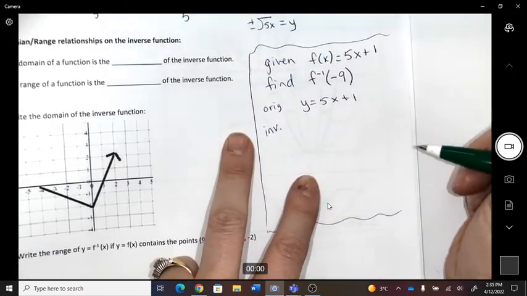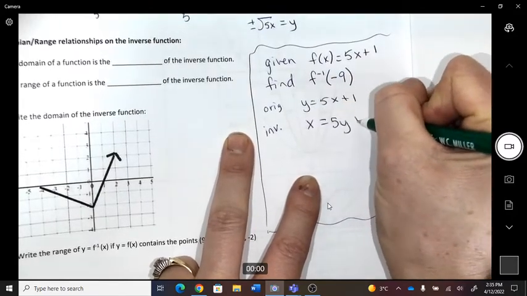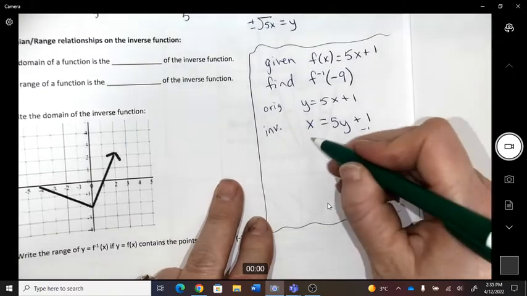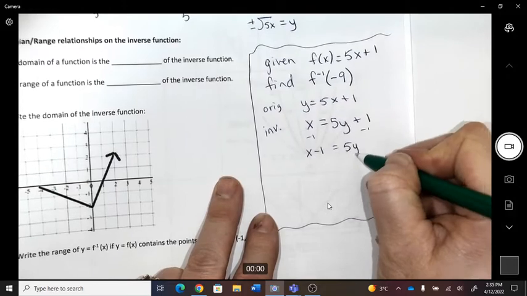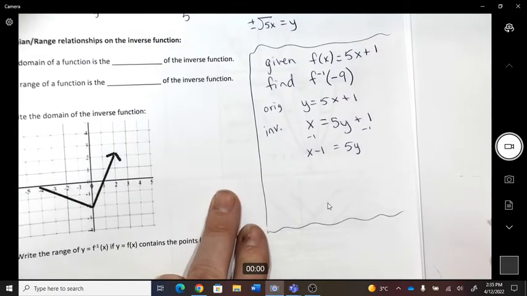What's my process of getting an inverse? Switch and isolate. So I'm going to minus 1 and divide by 5.